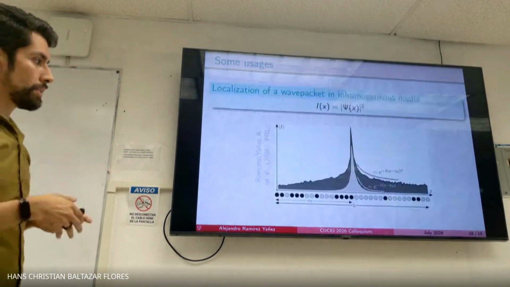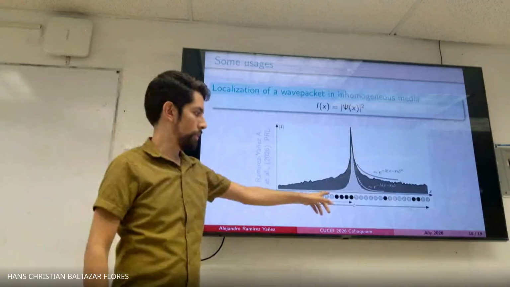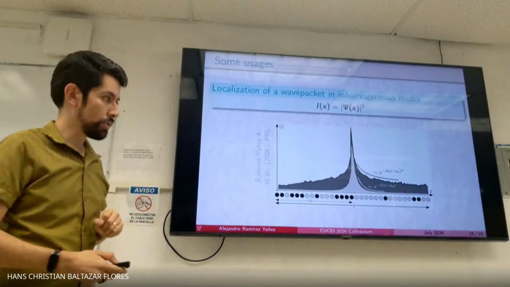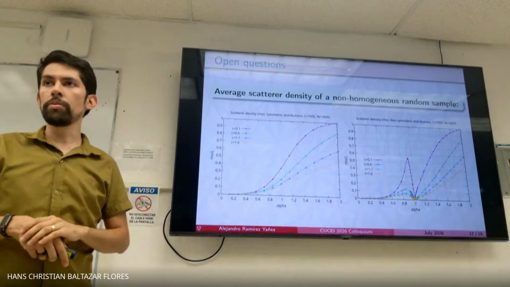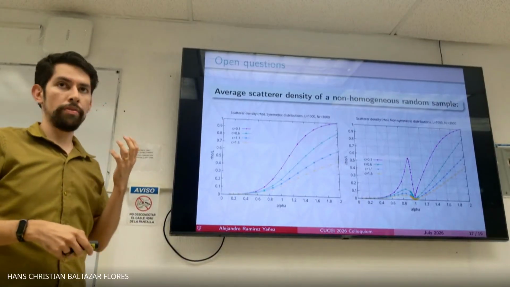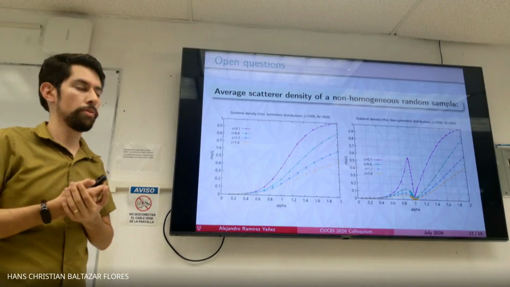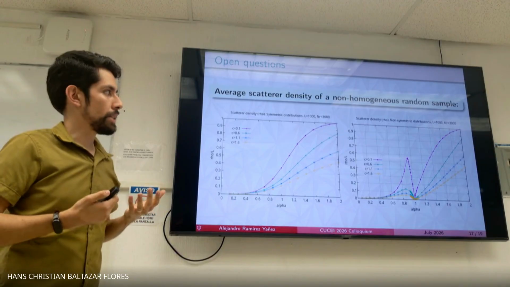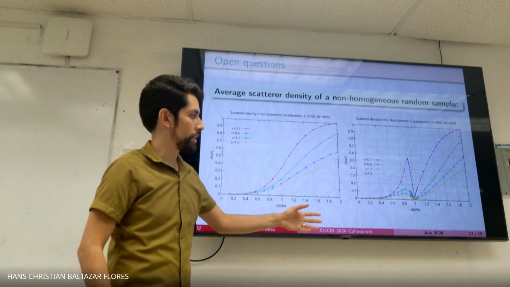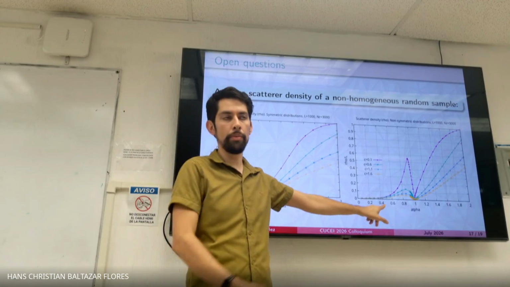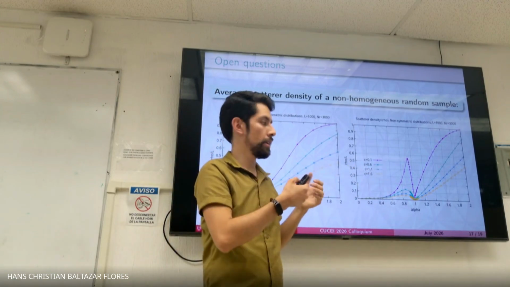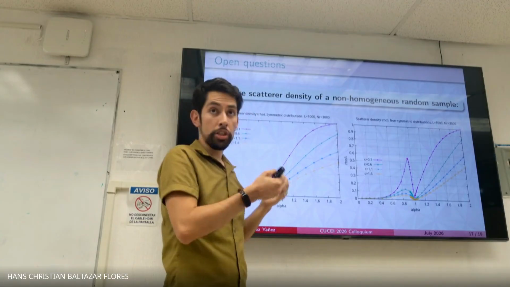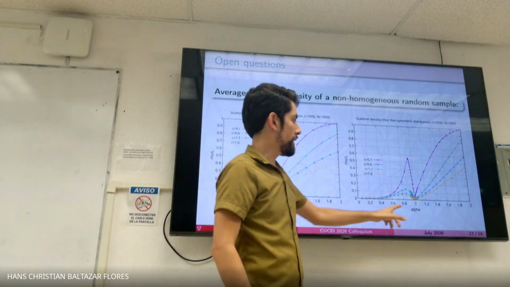Going back to this system where the disorder follows stable distributions, it turns out that if we count the density of scatterers in these models of transport and localization, whenever we have stable distributions, for the asymmetric case, the one that only has support on the positive real axis, we find some singularities.